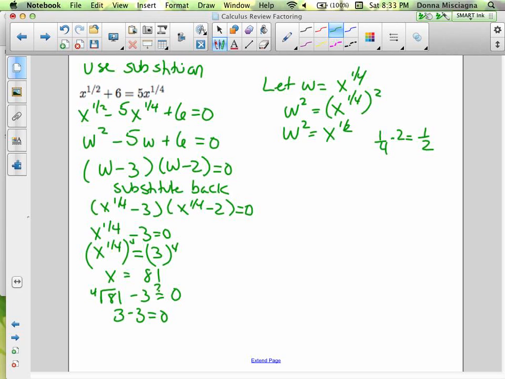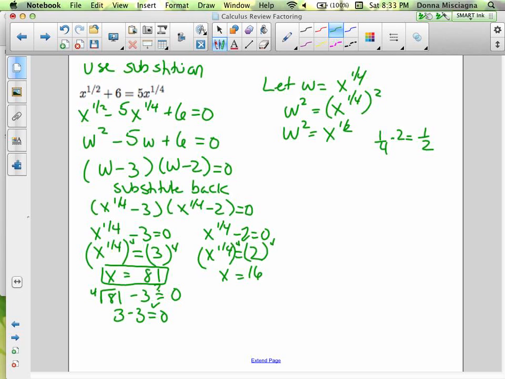So that checks out. That's good. So this is a solution. Then x to the 1/4 minus 2 equals 0, which is x to the 1/4 equals 2. Raise both sides to the 4th power. So x equals 16.